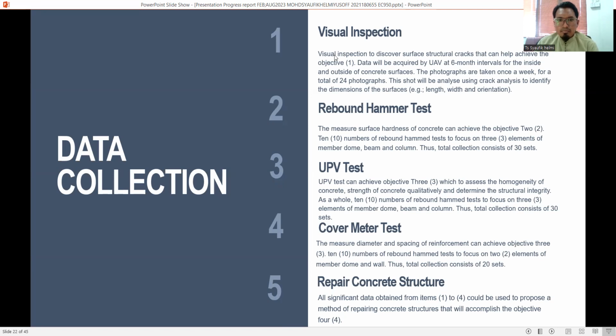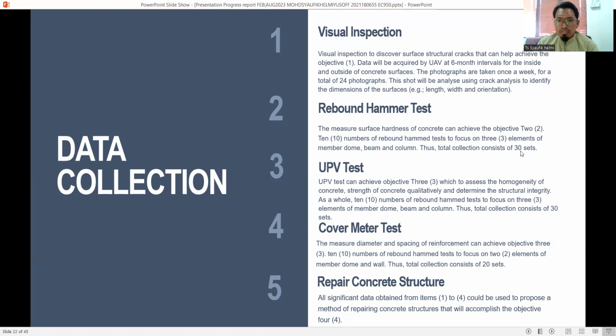In the previous semester we did the visual inspection data for the crack structure. The rebound hammer measures the hardness of concrete. For objective 2, there are 10 numbers of rebound hammer tests focusing on three elements for the locations: dome, beam, and column.